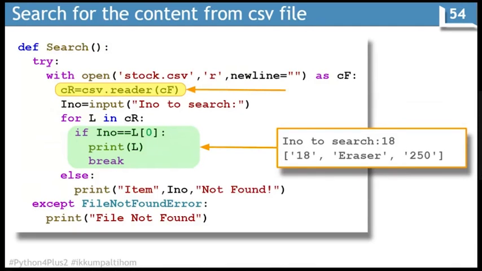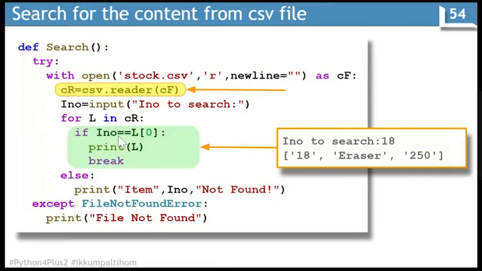Now, if you want to search for particular data from a CSV file, we again make use of cr equal to csv.reader. Here you can see that we are creating an object cr and asking the user which INO they want to search for. So we'll be running a loop and extracting each row from the CSV file, and as you already know, the item number is present at the 0th location, you will compare.